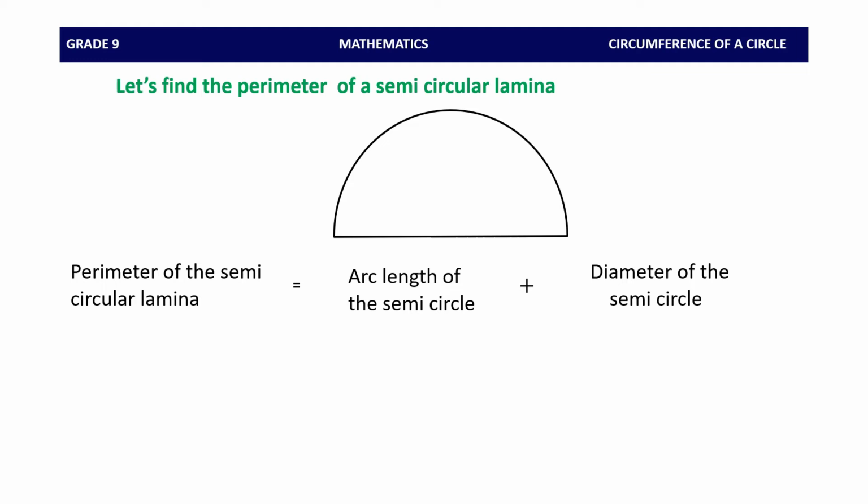As it is half of a circle, we can calculate the arc length as half of pi d, plus the diameter d. Or if the radius is given, you can use the formula half of 2 pi r for the arc length of the semicircle and add 2 times r.